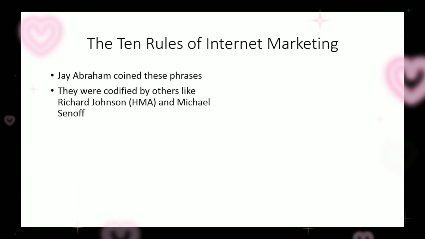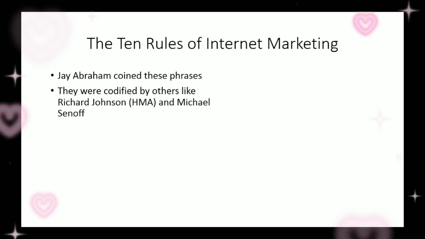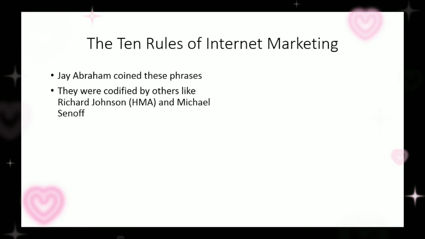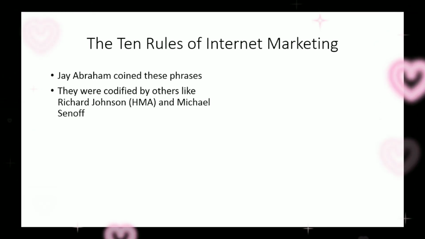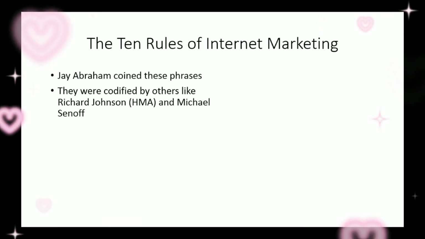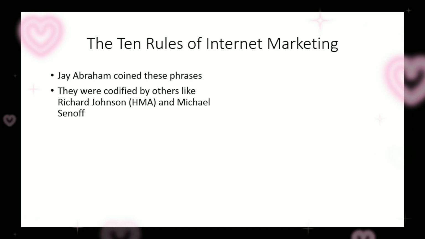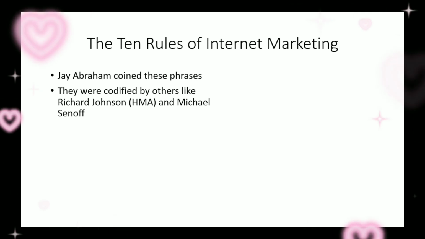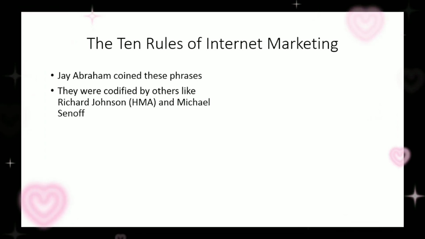Now, what we're going to be talking about is a system. It's the system of marketing for small independent businesses, and these phrases actually are not original to this course. They're probably more original to Jay Abraham, who kind of coined these phrases, and then the person who really organized them and put them into a system that was understandable was a gentleman named Richard Johnson.